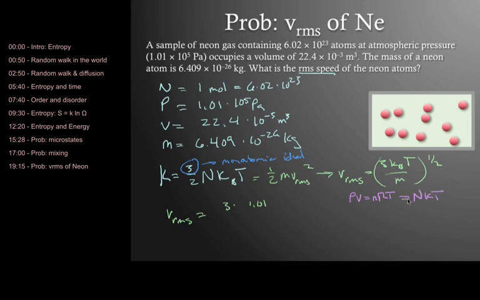These are both the same relationship here, but we're replacing one constant, this R, with k. And the difference between these two is this guy is the number of moles, and then this guy is the number of atoms or molecules. And then this is Boltzmann's constant here, this k. So we can replace one of these two, and what we need to do is solve for T. So that means our T is equal to PV over Nk.